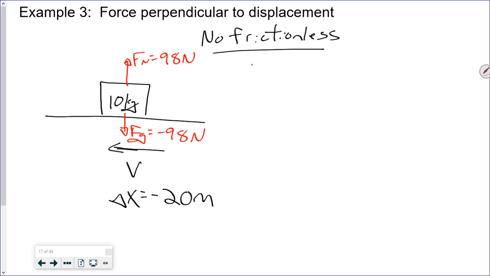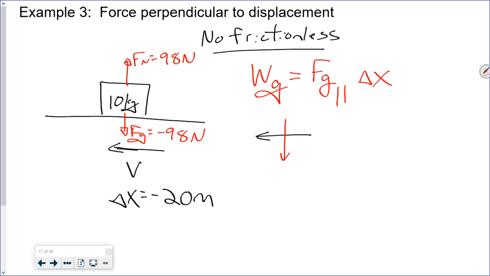So let's calculate the work done by gravity. To calculate the work done by gravity, you're going to multiply the force of gravity, but I only want the component of the gravity that's parallel to the displacement. So you want to make a drawing, and you go, my displacement vector is this way, my force vector is that way, they are perpendicular.